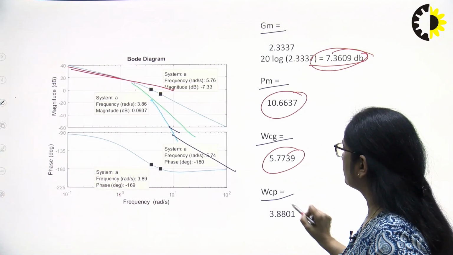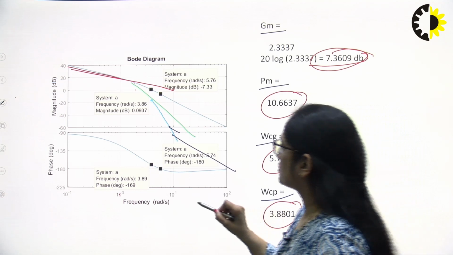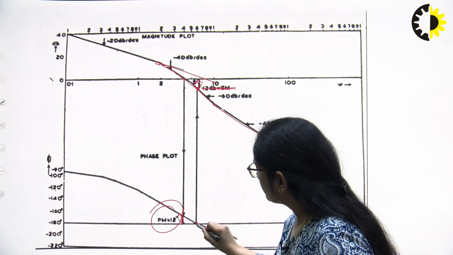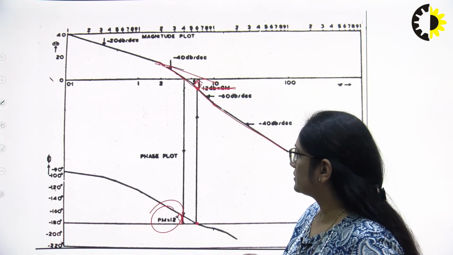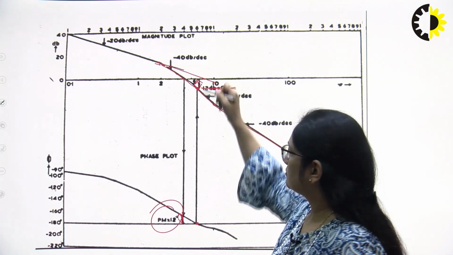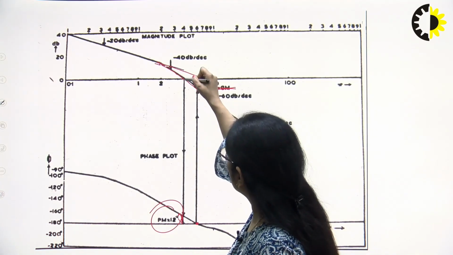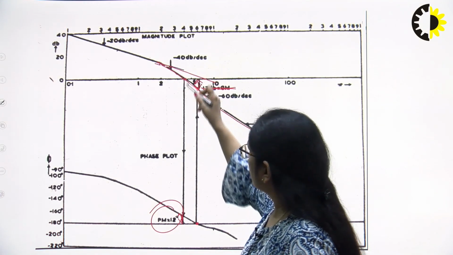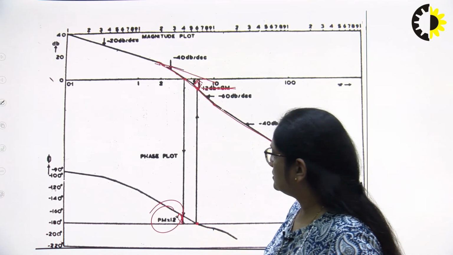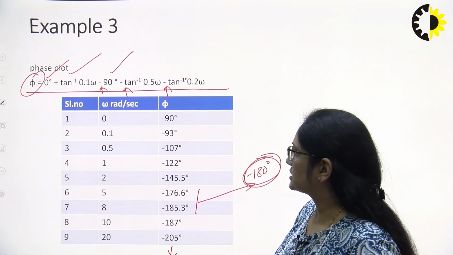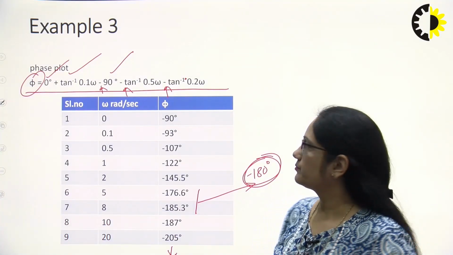This point is the phase crossover frequency, and corresponding to that we have the gain margin. This is the gain crossover frequency, and corresponding to that we have the phase margin. So this is how we can sketch the Bode plot.